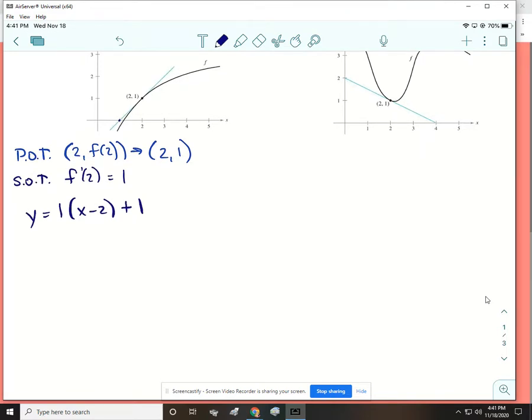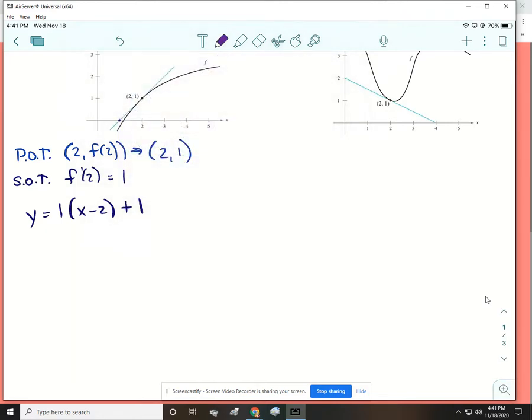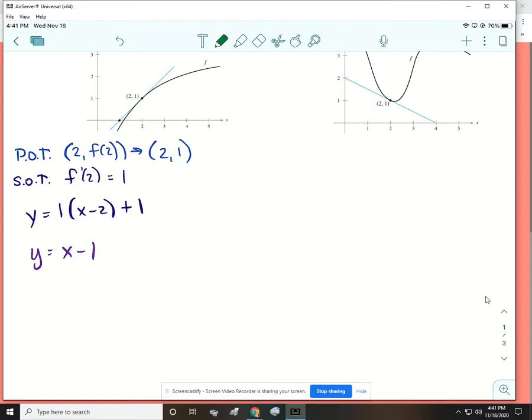Now sometimes it's easier if we just plug in what we're approximating when it's in this form. For these two, I don't think it is. I think it's easier for us just to distribute the 1, which doesn't change anything, and then add like terms. This is what our tangent line is in simplest form, and because we're using it, it might be easier for it to be in simplest form.